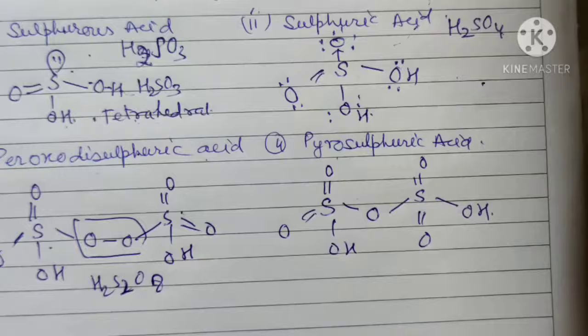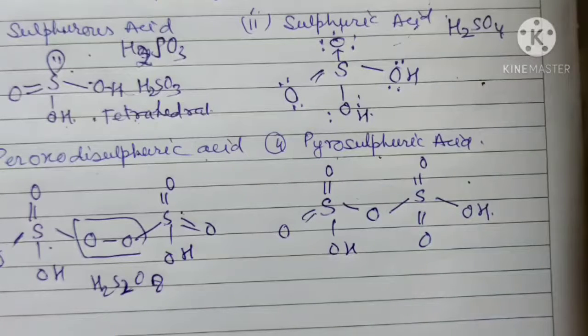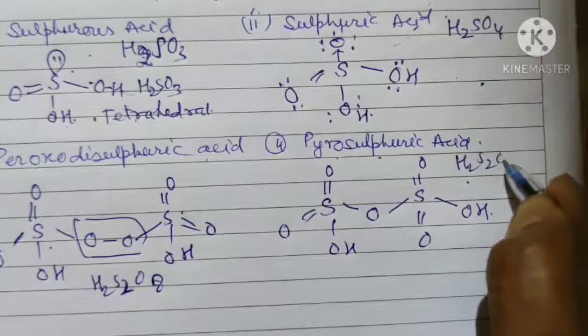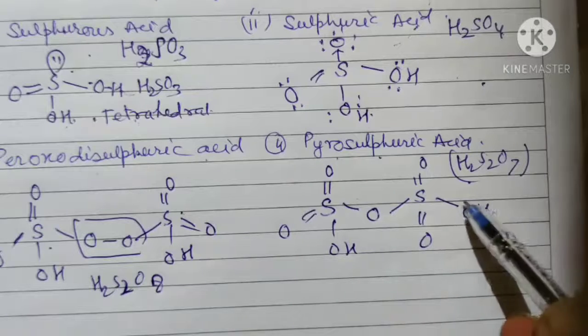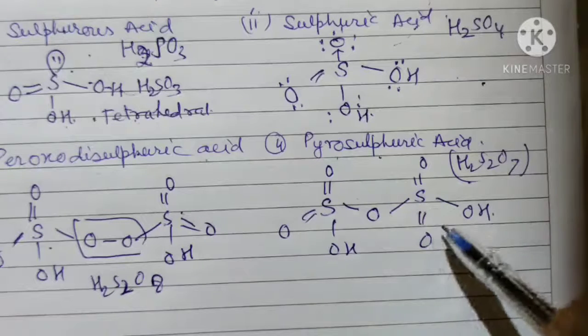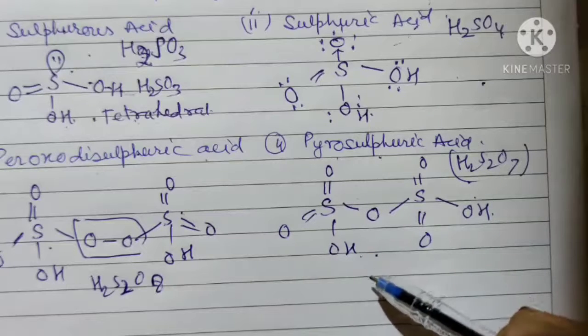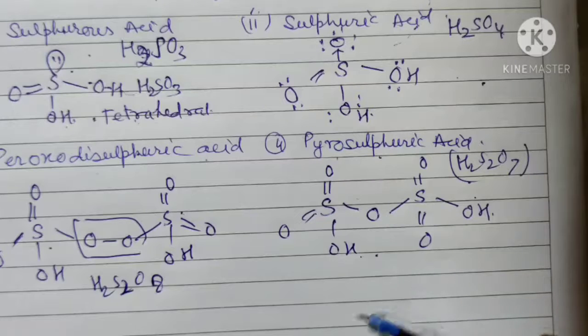So this is pyrosulfuric acid, and this formula is H2S2O7. When we remove 1 molecule of water from 2 molecules of sulfuric acid, then it is called pyrosulfuric acid. So this is for the oxoacids of sulfur.